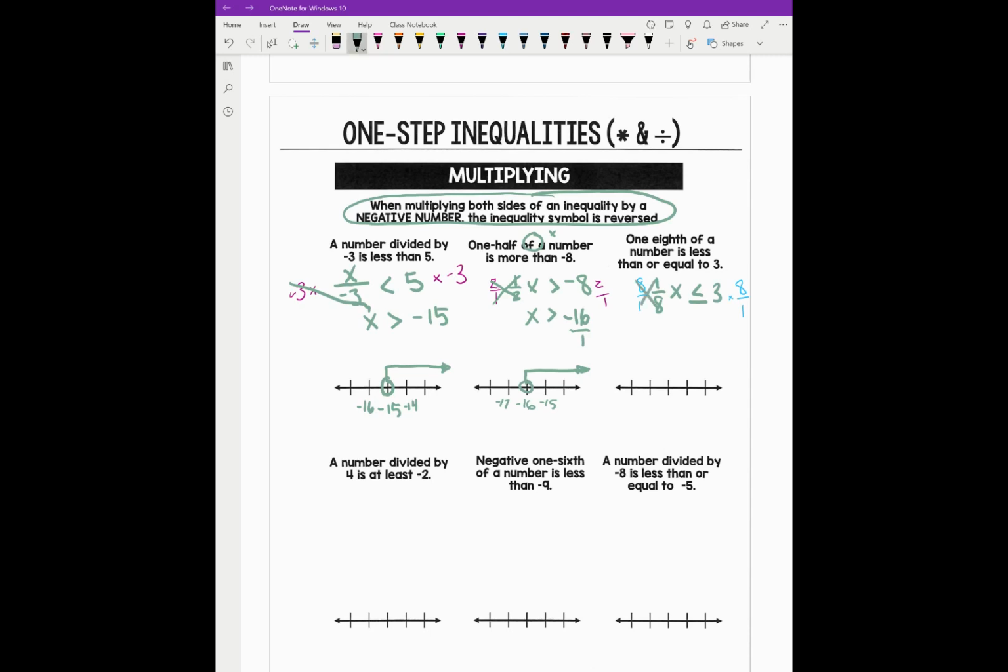Everything on the left cancels out except for the x. x is less than or equal to, and I got 24. Again, you can put it over 1 if you want, but you don't have to. 24 has to be on my number line, and I need a solid filled in circle at 24. And I need all the values that are less than, so we're going to the left.